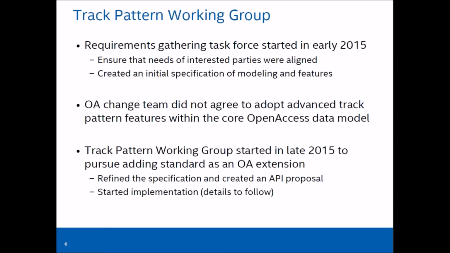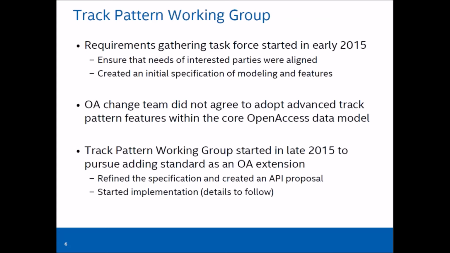So what we did was, in early 2015, we started a task force with various member companies to discuss these needs. We wanted to make sure that we were aligned on what the requirements were. And in fact, we created an initial specification of how this problem could be solved. This was brought to the OA change team.